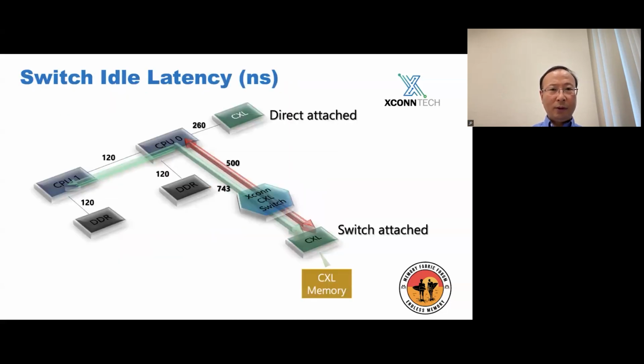We also show the latency performance. In this setup, there is a two-socket host, which has a CPU 0 and a CPU 1. The CPU connects to local DIMM, and it can also connect to a directly attached CXL device. Here, it also connects to a CXL switch, and the switch has a downstream port attached to a CXL memory device.